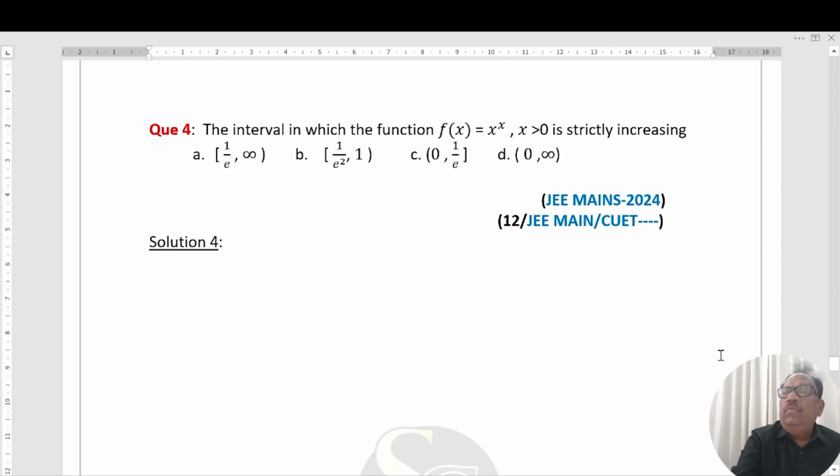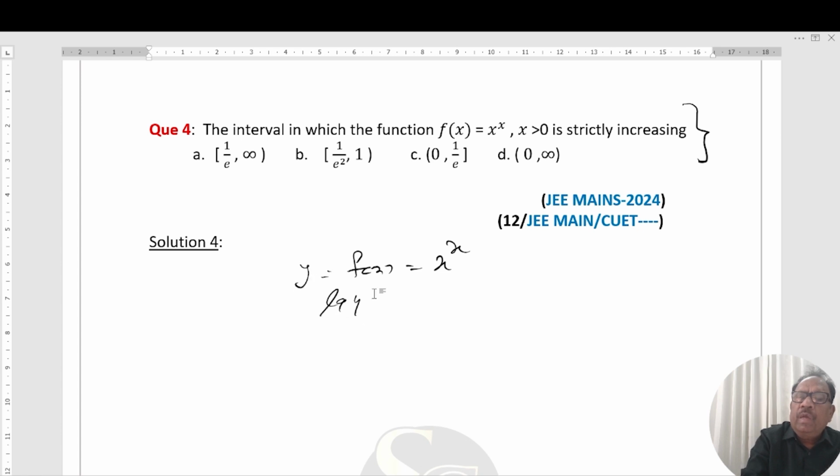Now the question is on the power function. f x is given to you as x power x. Differentiating it, before differentiation we have to take log. So let it be y. Log of y equal to x log x.